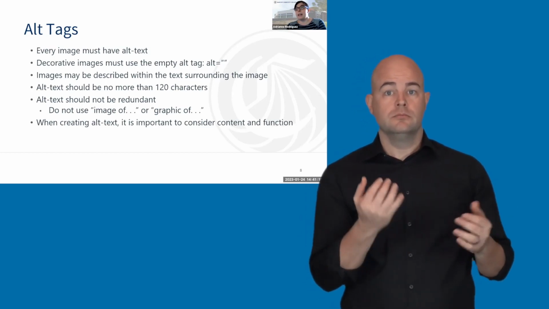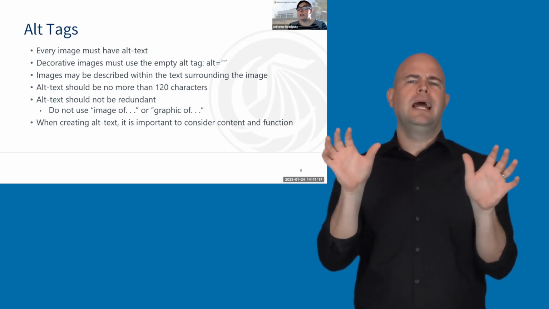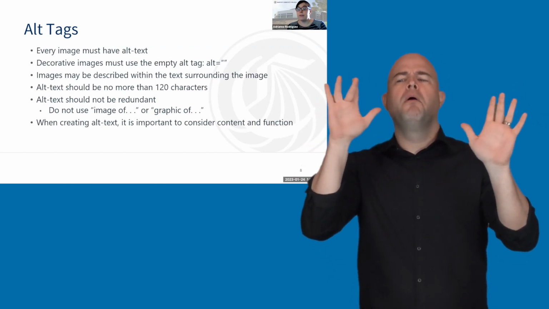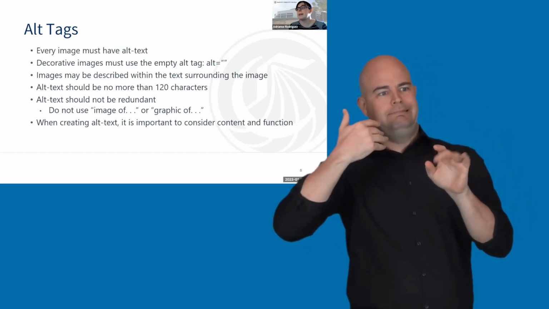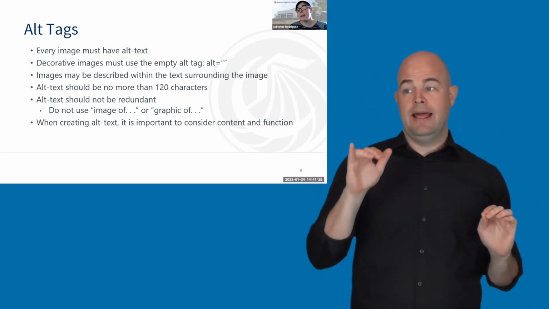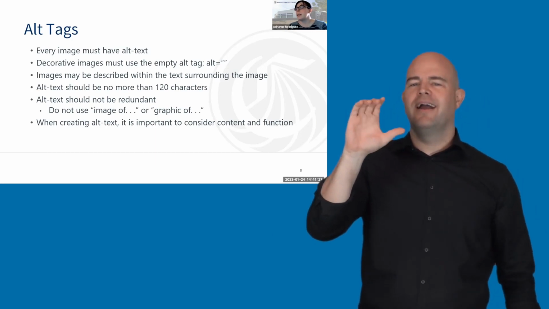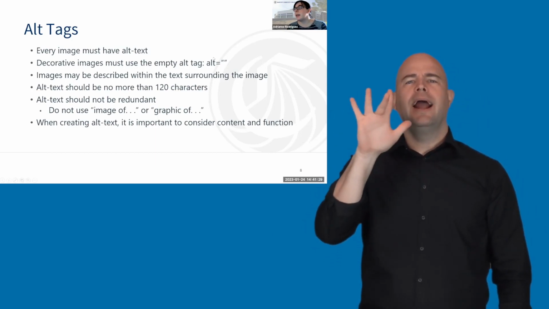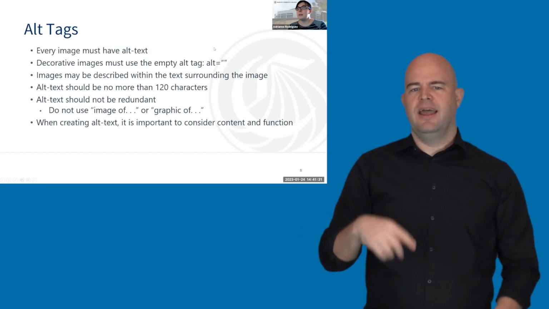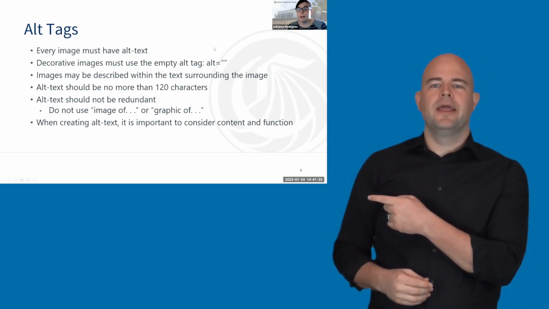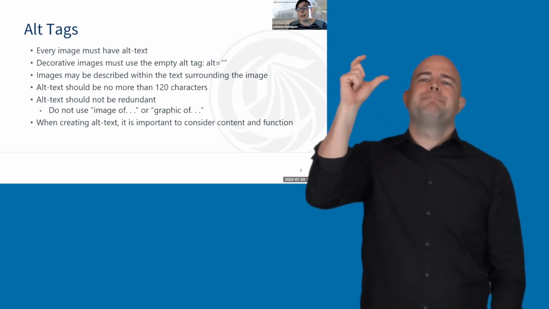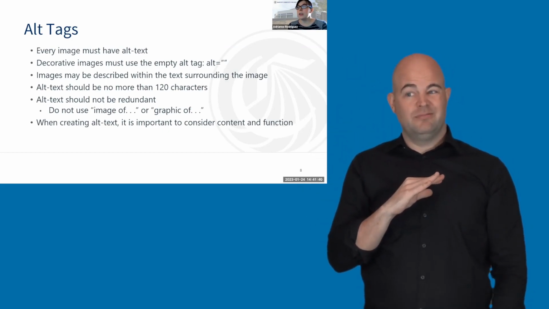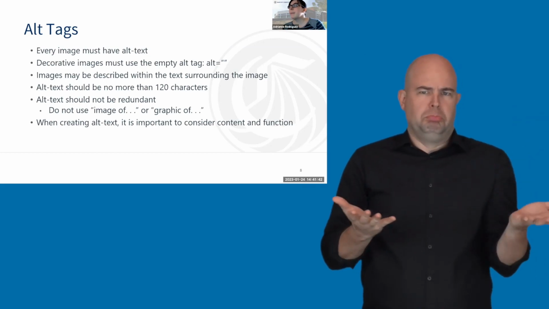If you have a decorative image that doesn't add to the content of whatever you're presenting, you can just mark it as a decorative image or use this empty alt tag that's displayed here. Maybe you like flowers and you put a picture of flowers at the top of your lecture. It's nice, but it doesn't necessarily add to the lecture content, so it would just be decorative.